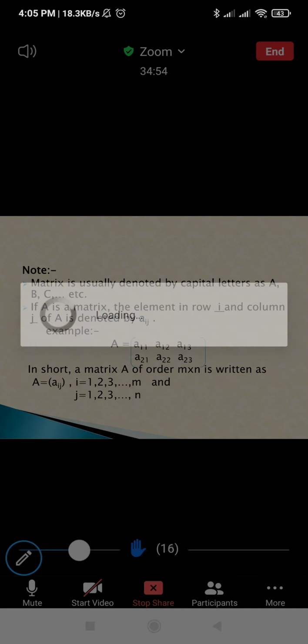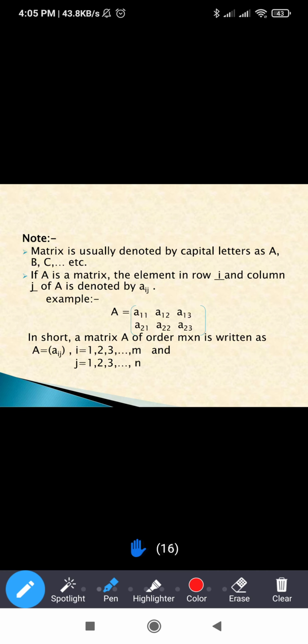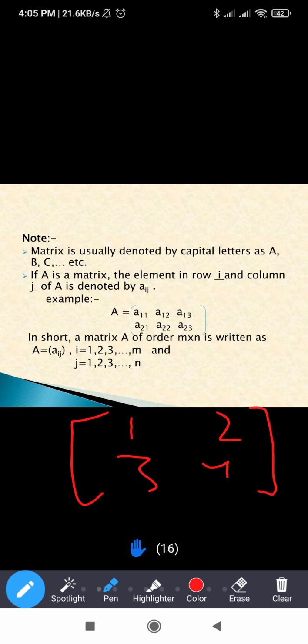Here we go. Note down some more notes. First note, I hope you can see: matrix is usually denoted by, notation of matrix, capital letters as A, B, C, etc. If you have any matrix, suppose 1, 2, 3, 4, and we have to denote it by some alphabet, then we write A equal to 1, 2, 3, 4.